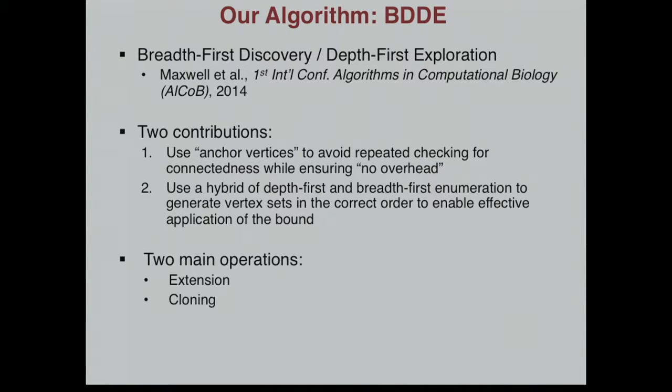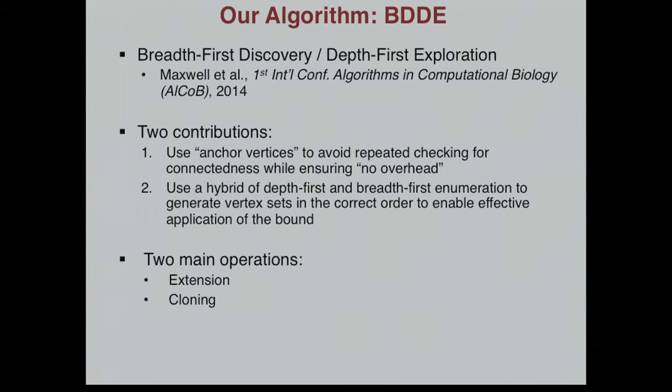So the algorithm that Sean developed, we published in ALCOB. If you are familiar with the conference, it is going into its third year. It's a new European conference in algorithms in computational biology. We published it in the first year of that conference, and then we moved on. Sean doesn't want to do anything beyond this point.